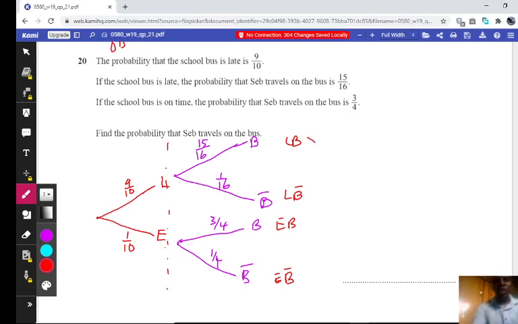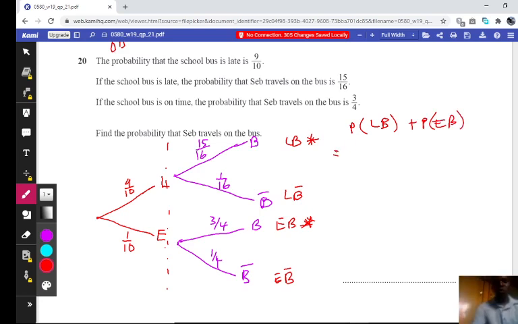So it means you have this one, late and travels on the bus, and this branch, early and travels on the bus. So you take the 2 and you add them together. So it's the probability of late and travels on the bus plus the probability of early and travels on the bus, like this.